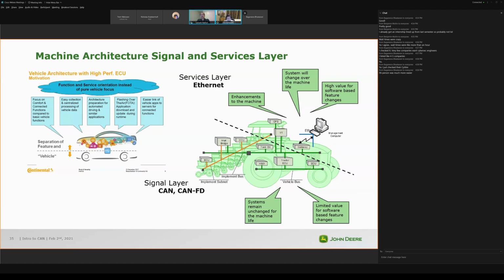Another aspect of it is the microcontrollers themselves. On a CAN network, if we're having a message come out on a heavily loaded bus every couple milliseconds, that's no problem for the microcontrollers that we would use. Whenever a message comes in, we buffer it and then process it shortly thereafter.